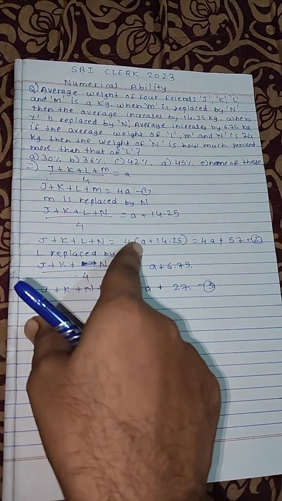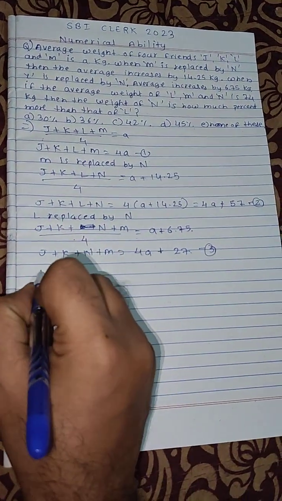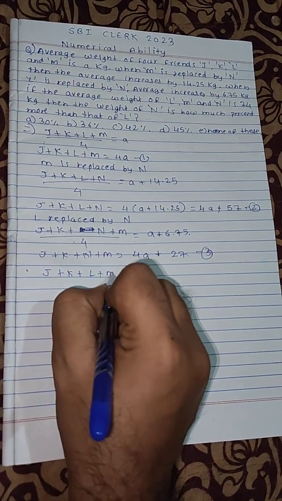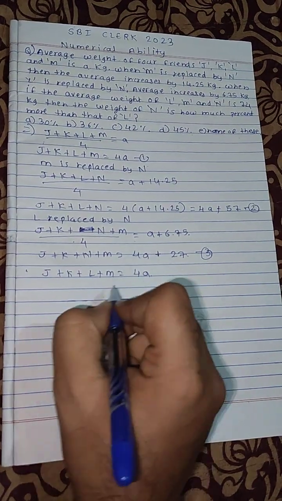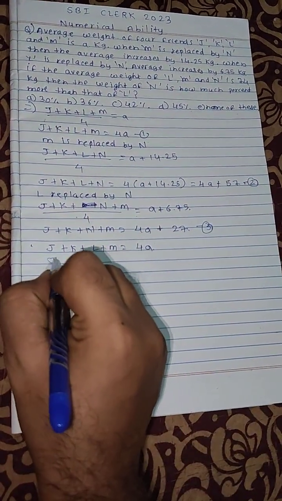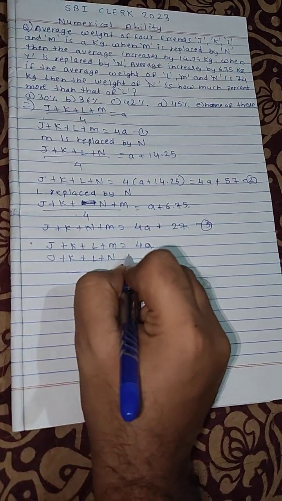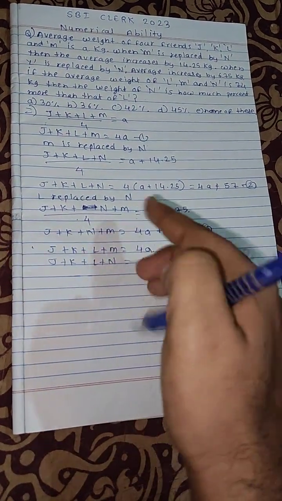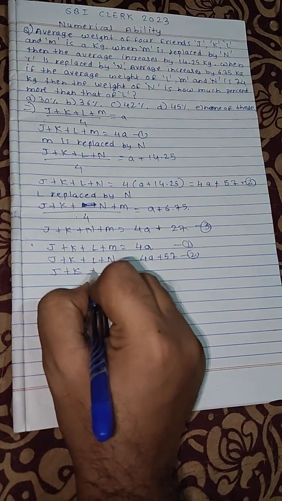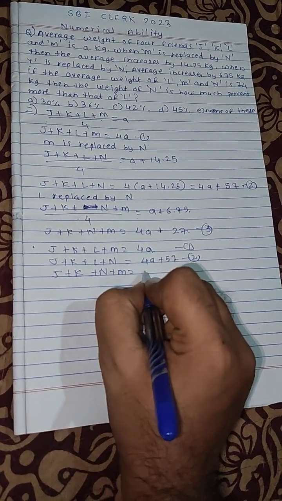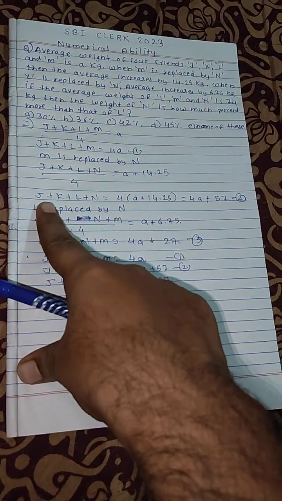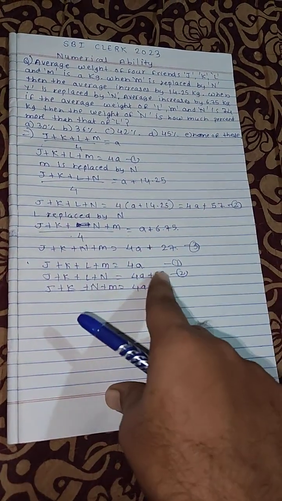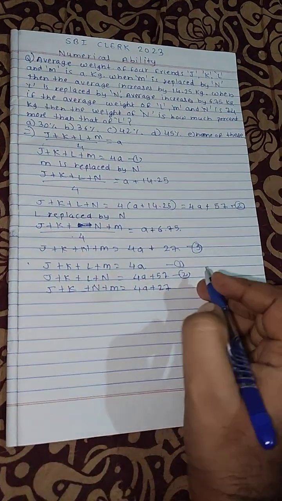Equation 1 is J + K + L + M = 4A, equation 2 is J + K + L + N = 4A + 57, and equation 3 is J + K + N + M = 4A + 27.